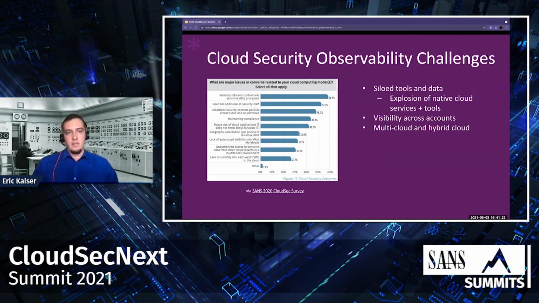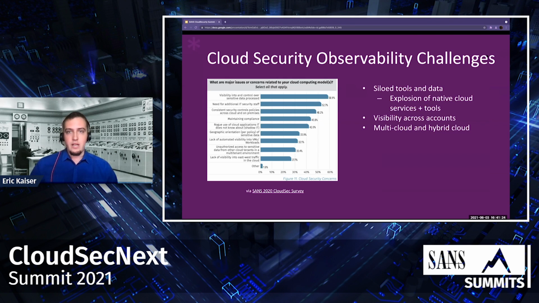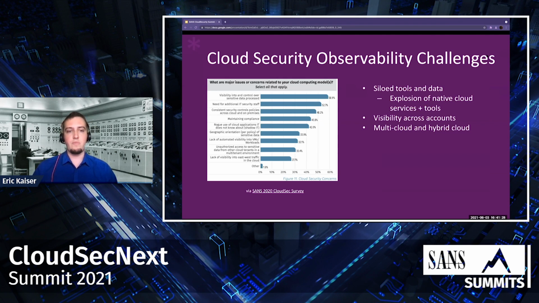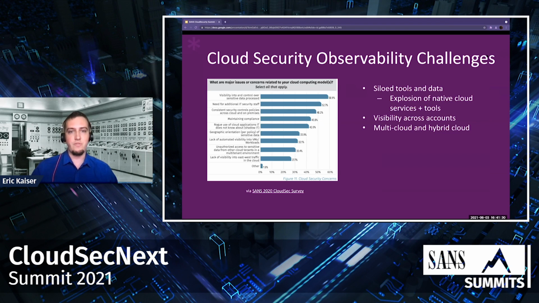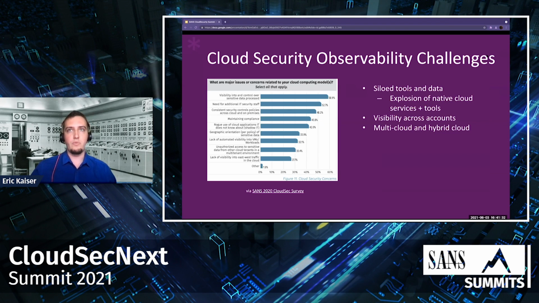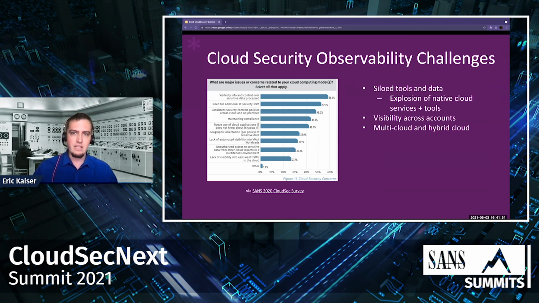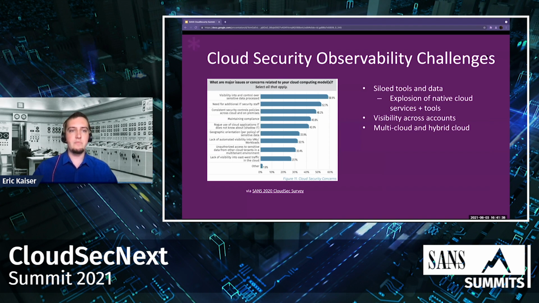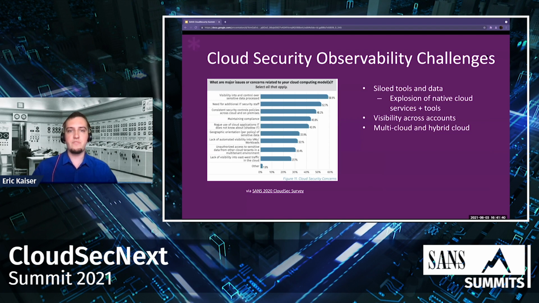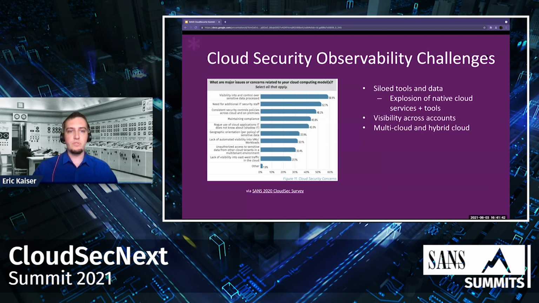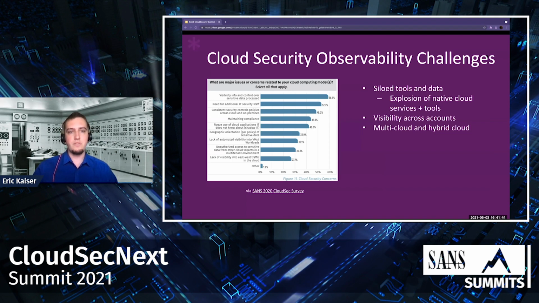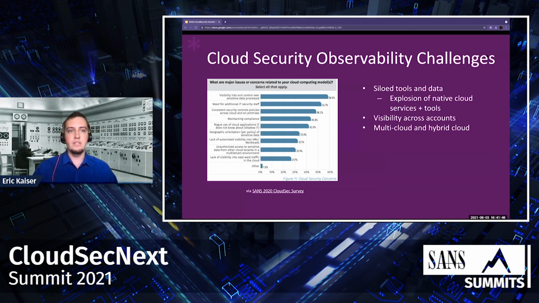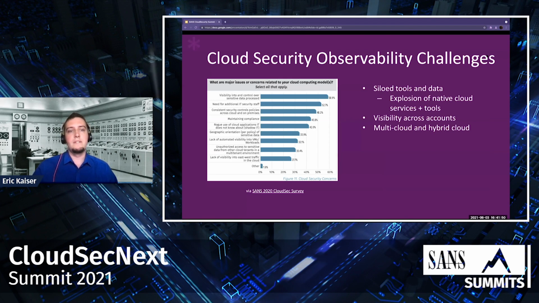So let's talk about some cloud security and observability challenges. This graph from the SANS 2020 CloudSec survey gives a pretty high level overview as to some of the challenges that people have identified, right? Visibility into and control over sensitive data processed, but also almost as high, consistent security controls, policies, access, and cloud on premises.